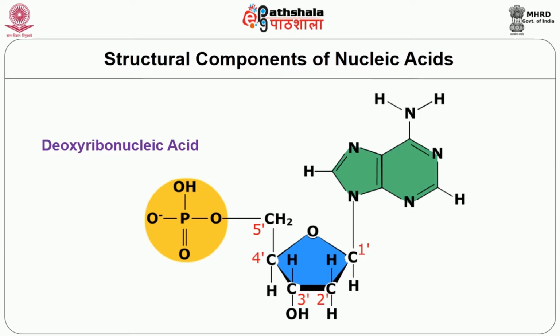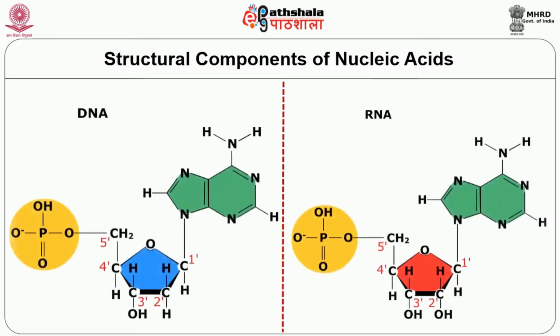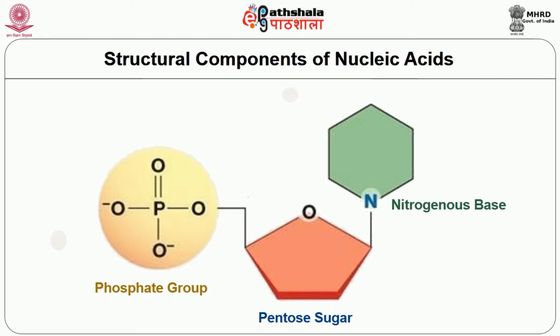Because of this, the nucleic acid containing this type of sugar is called deoxyribonucleic acid or DNA. Thus, the first major difference between RNA and DNA is the sugar. Both are pentoses, both are ribose sugars, but in DNA, this ribose has a deoxygenated carbon at the 2 prime position. Now, let us move on to the next major component, namely the nitrogenous bases.